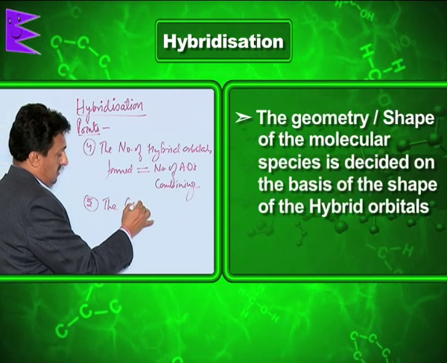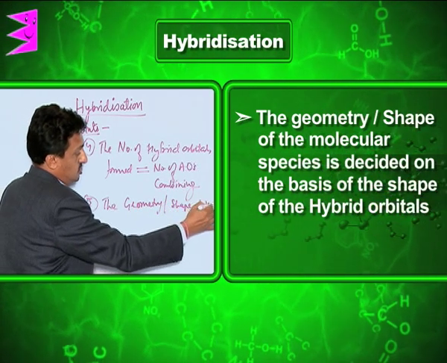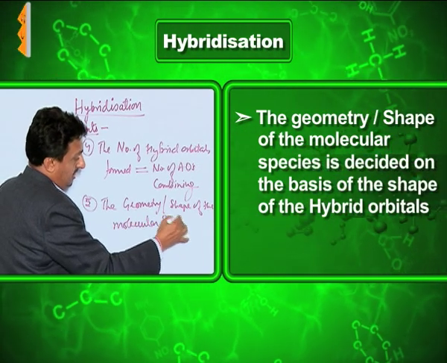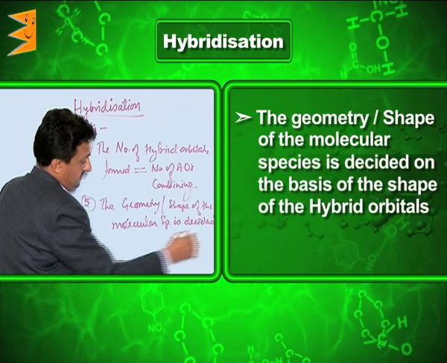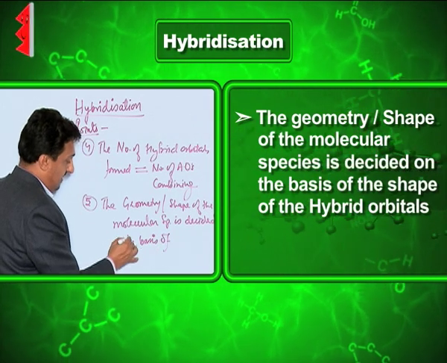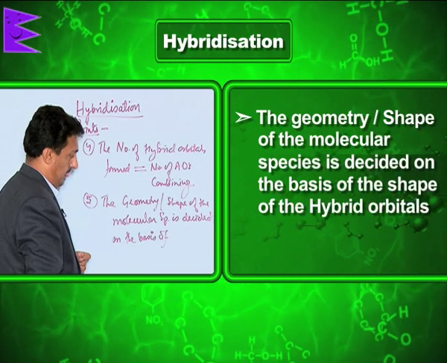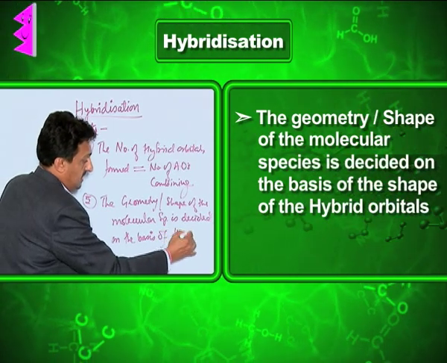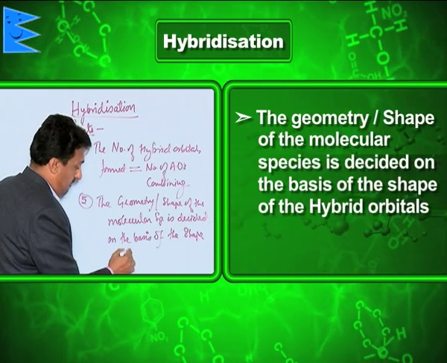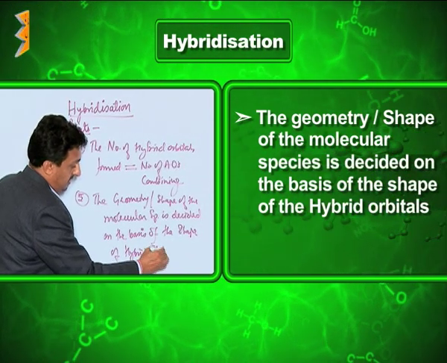The geometry or shape of the molecular species is decided on the basis of the shape of the hybrid orbitals.